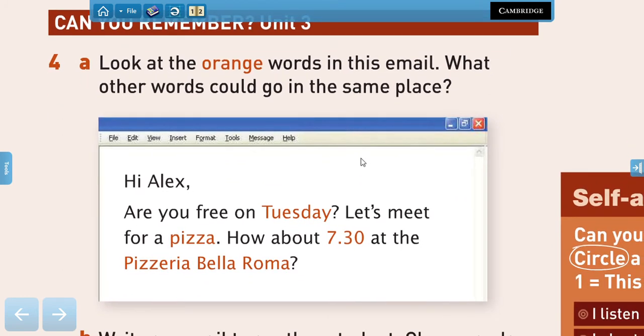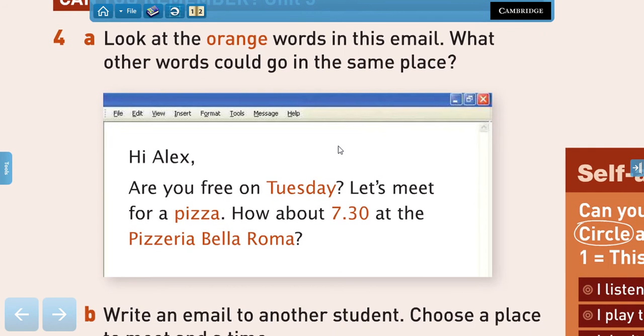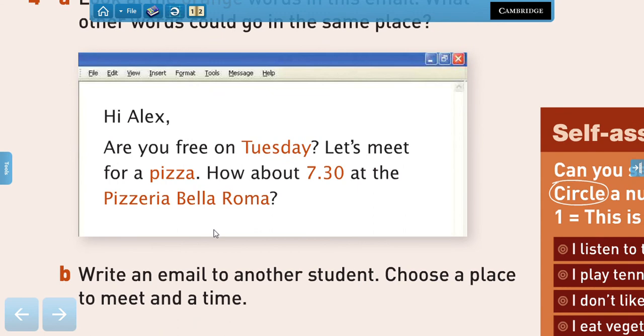Look at the orange words in these emails. What other words could go in the same space? So let's read. It says, hi Alex, are you free on Tuesday? Let's meet for a pizza. How about 7:30 at the Pizzeria Bella Roma? Try to write an email to another student using different words in this case.